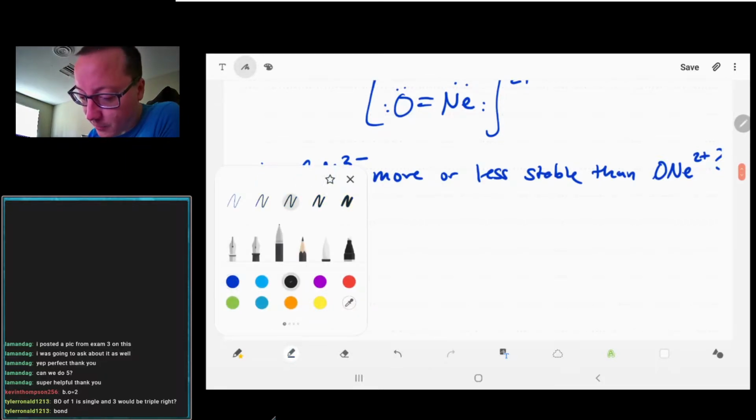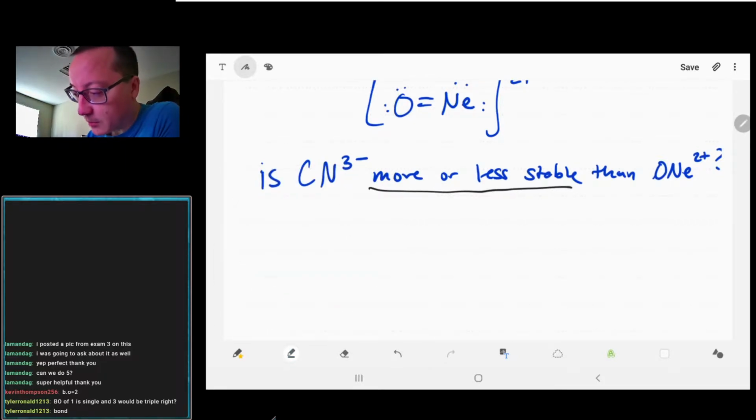So if we're comparing more or less stable, we're looking at the bond order, right? So we're looking at if the bond order is higher or lower or the same. So we would go ahead and take a look at these. Let's go ahead and do it.